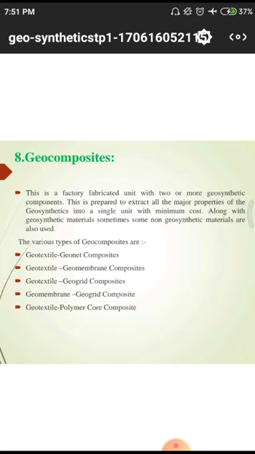After that, geomembrane and geotextile are varied with different materials, so we call it a composite. Composite means the materials used vary in their properties. A combination of two materials we call composite materials.